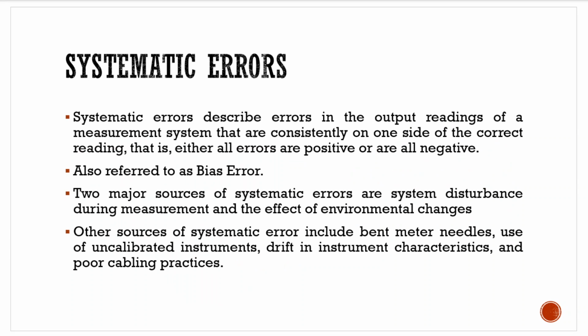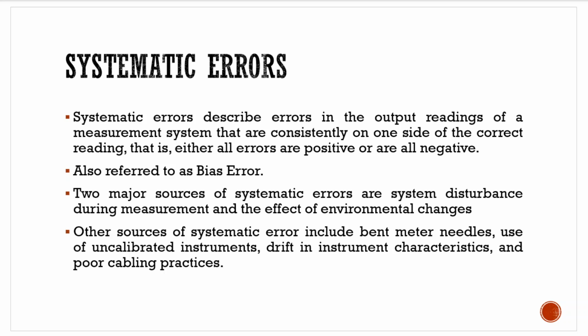Now, what are systematic errors? Systematic errors are those types of errors that take a particular type of value. That means either it will have a positive value of error or a negative value of error. It will not take both types of errors at the same time.